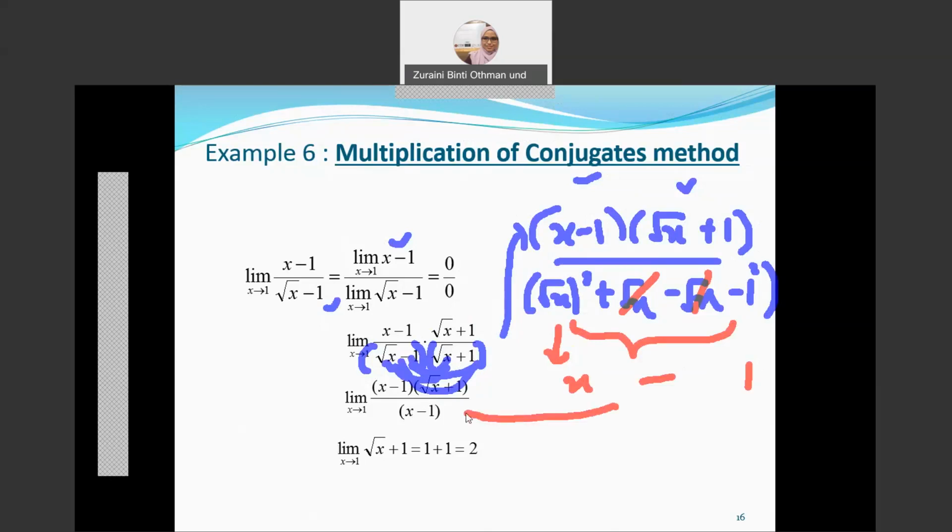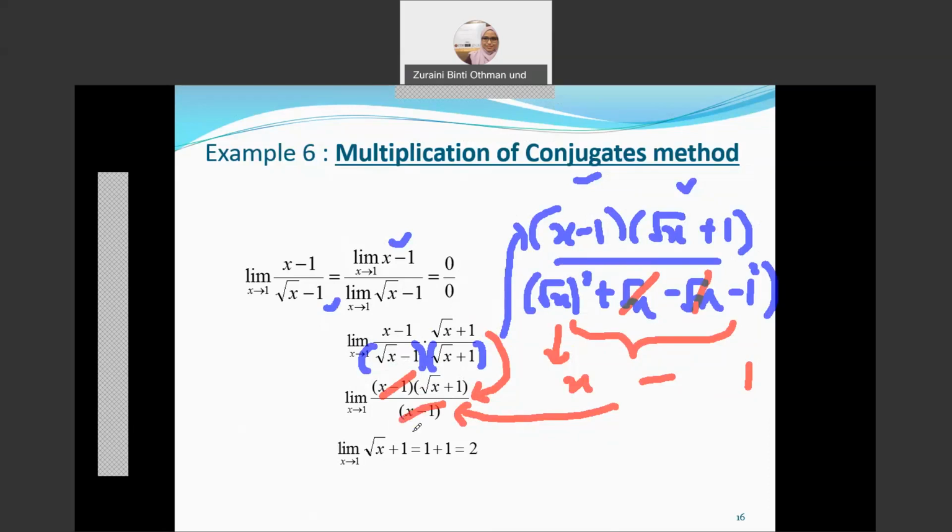So sebab tu kita dapat yang ni, yang bawah ni. Okey, so sekarang boleh nampak how can we solve from here to here. So yang atas ni biar aje, kenapa kita buat conjugate ni, because we can eliminate yang atas dengan yang bawah.